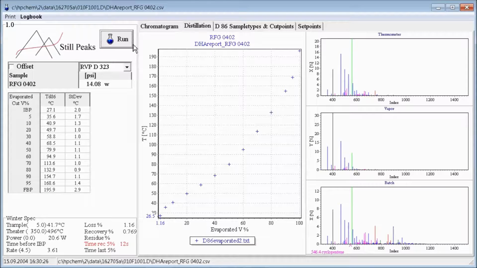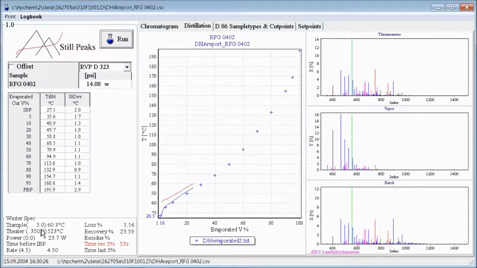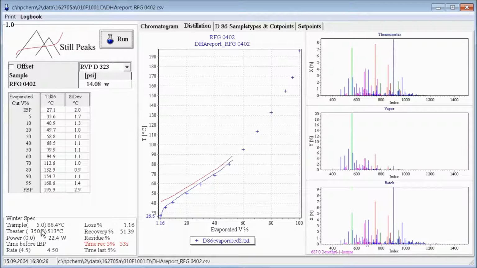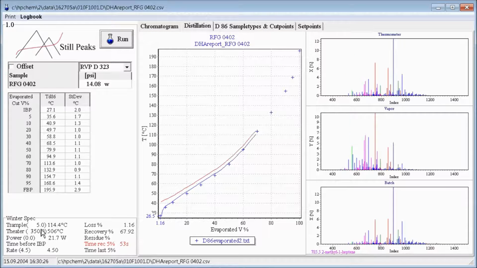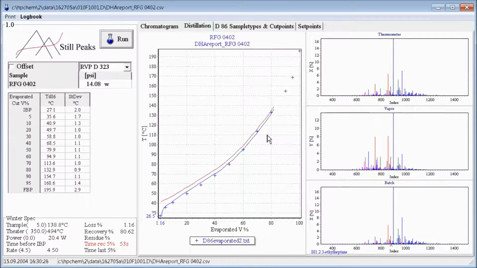And when we use the same sample specific set points, like the sample temperature should be 5 degrees Celsius and the heater before IBP is 350 degrees Celsius, then we get also quite good results for this more well-behaved gasoline.